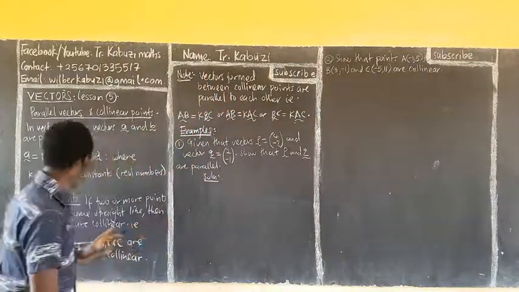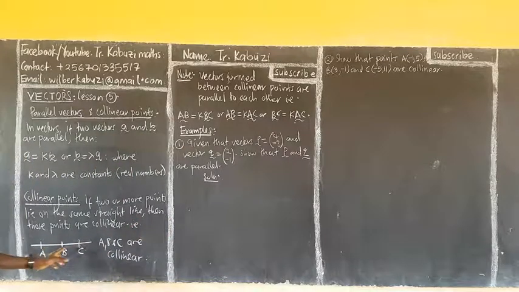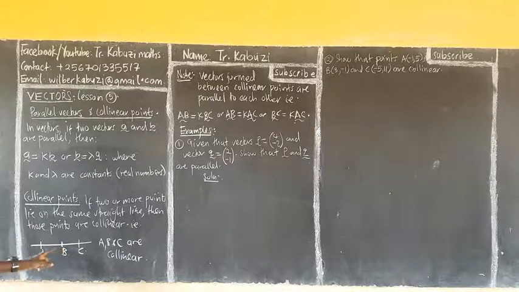What do we mean? If these three points are collinear, and I form vectors between them, these vectors are parallel. If you join A and B, we form a vector AB, and if you join B and C, we form a vector BC. So it means that AB is parallel to BC.